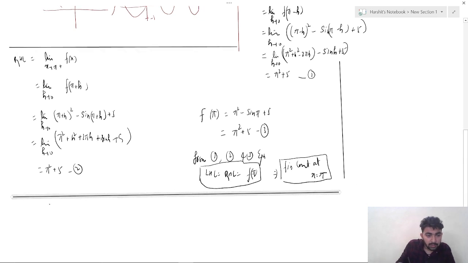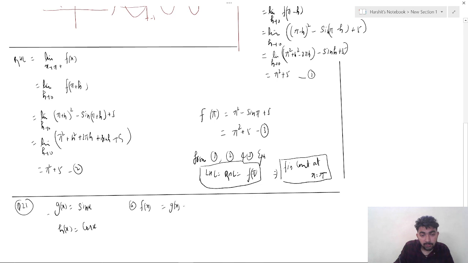Here, first of all, I assume something. In question number 21, we have g of x equal to sin x and h of x equal to cos x. The a part is f of x equal to g of x plus h of x.